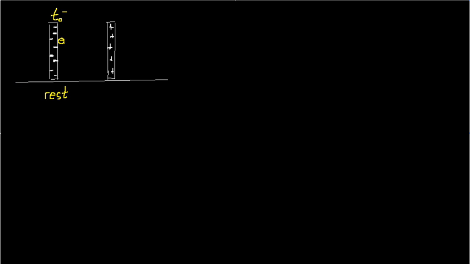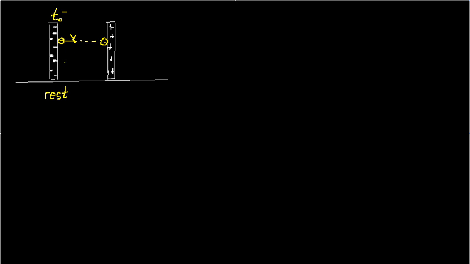So it goes from an initial velocity of 0 to some velocity as it proceeds to move towards the positively charged plate. So it goes through the air until it winds up right there.